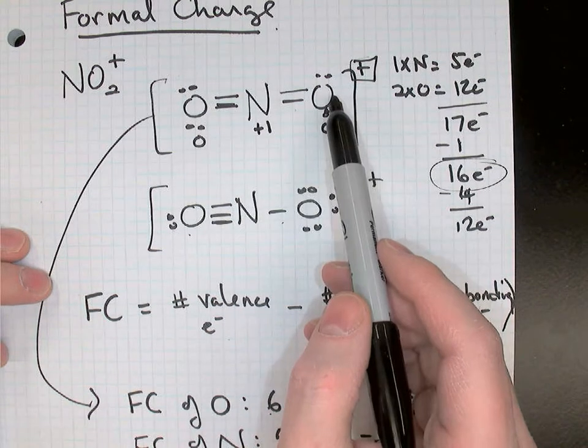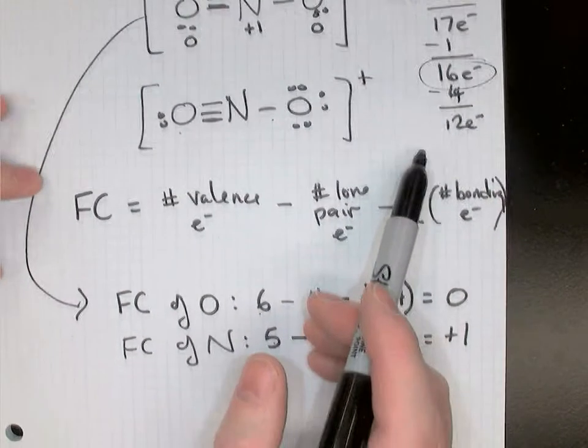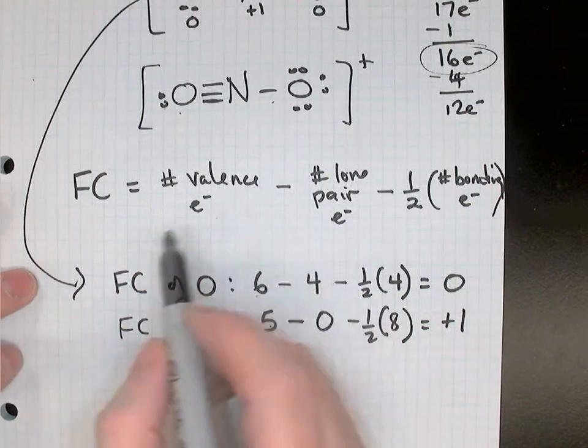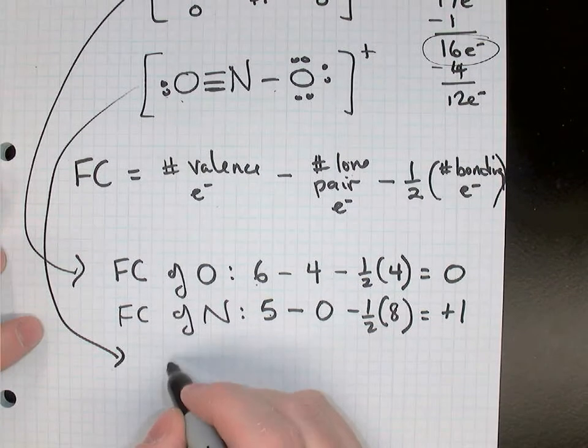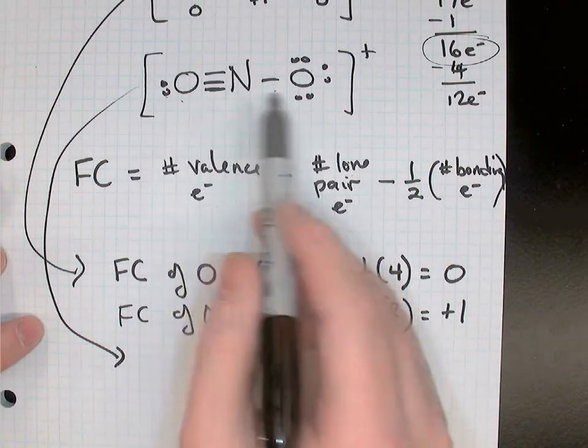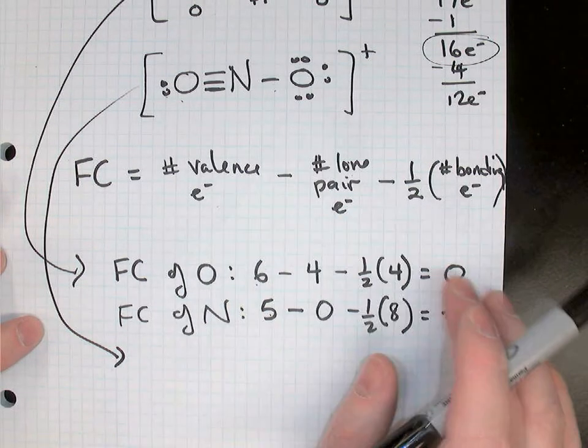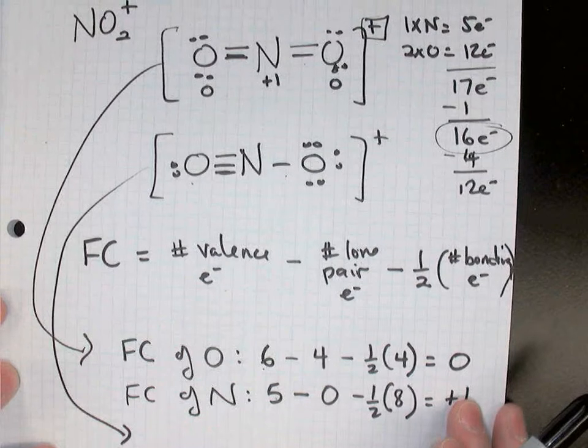What about the formal charges in the second situation? If we calculate the formal charges there, we find, now notice the two oxygens are no longer equivalent. And if you're okay with this, I'll do this just verbally rather than showing my work down at the bottom.